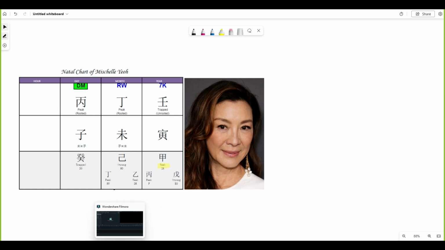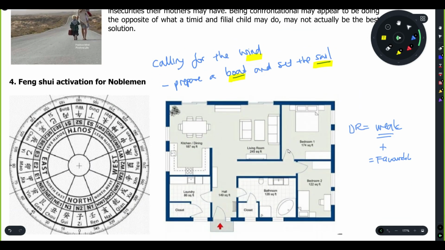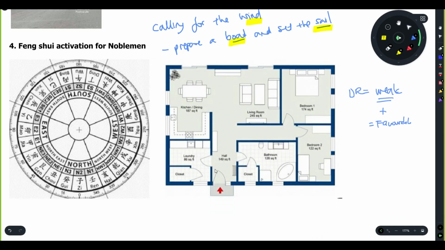But this is just a bit basic. I think more activation can come in another session. But anyway, we can see that if Jia Wood represents the direction, where is the wood? The Jia Wood represents the east, the east to be activated.